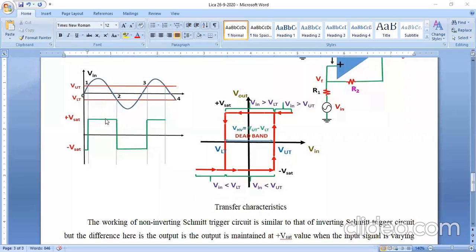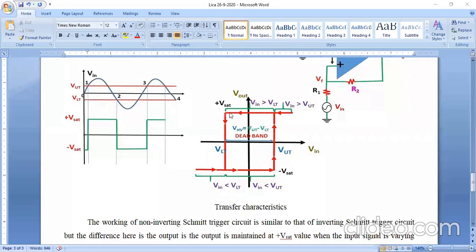That means the output voltage shifted from negative saturation to positive saturation, because the input voltage is greater than the upper threshold voltage.